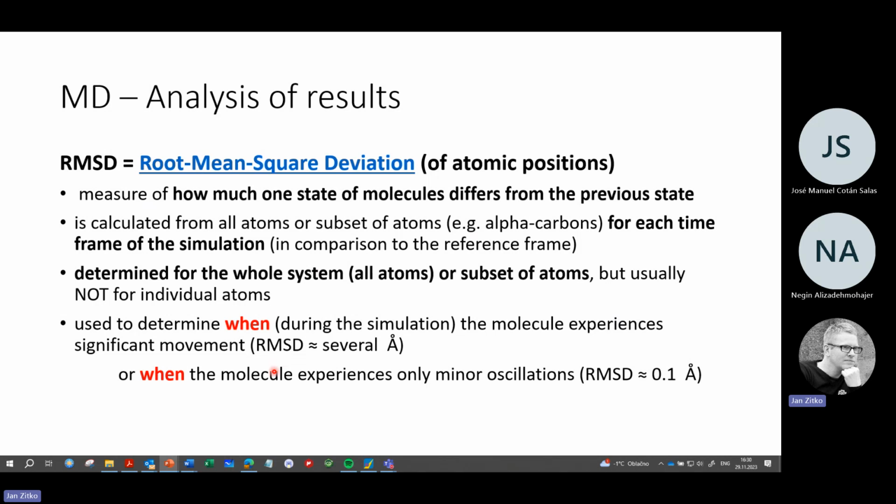If you have only minor oscillations like 0.9, 0.1 angstrom, nothing significant is happening in the structure. And if you have larger jumps, in the units of angstroms, 1, 2, 3 angstroms, it means something is going on in the system, and you have to have a look at what is going on. So the RMSD evaluation tells you when. It helps you to locate the frame of the MD when something is happening, but it doesn't tell you what is changing.